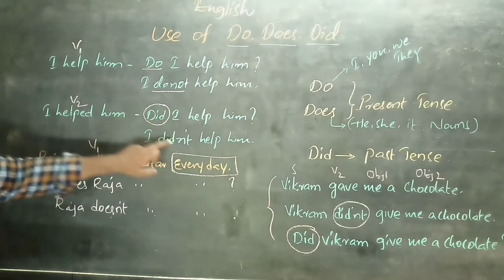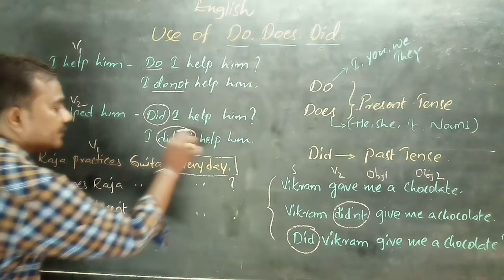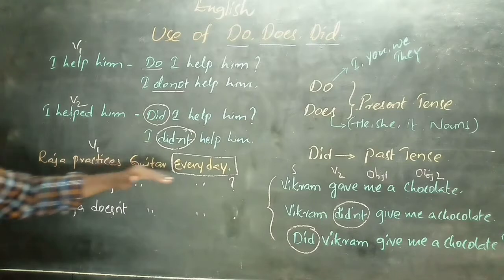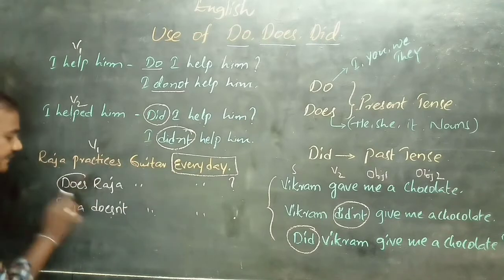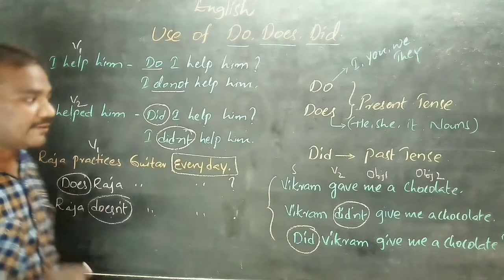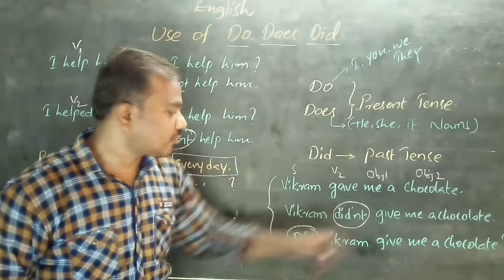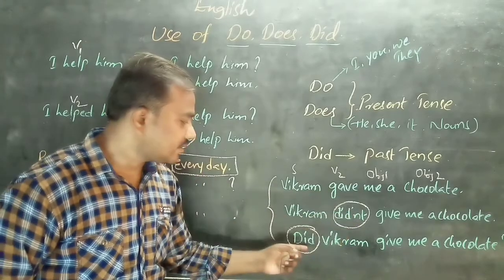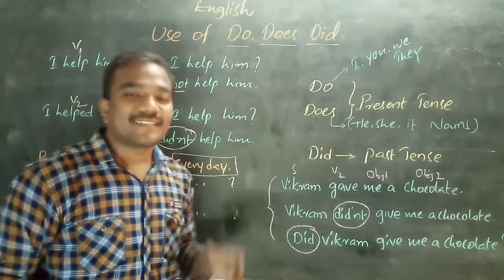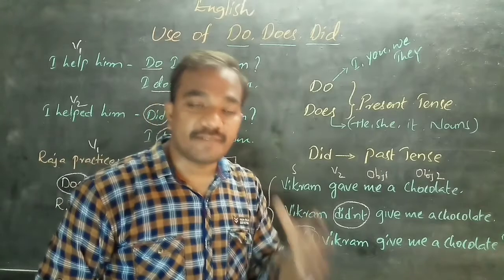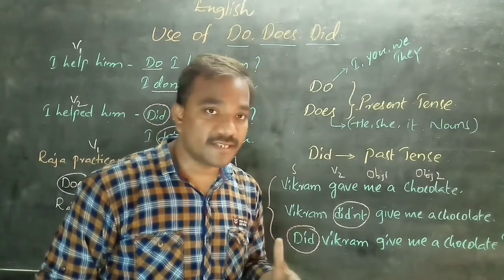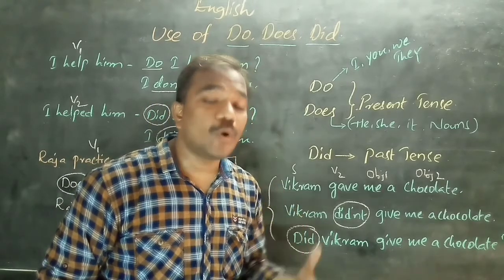Then did, didn't. Then Raja practices guitar every day: does Raja and doesn't here. And Vikram gave me a chocolate: Vikram did not here and did Vikram here. The compressed forms: did not, didn't, does not, doesn't, do not, don't.